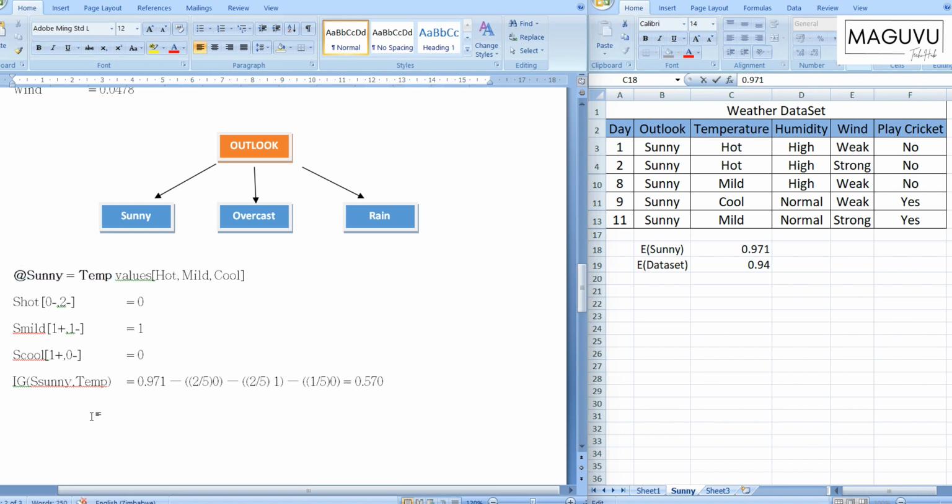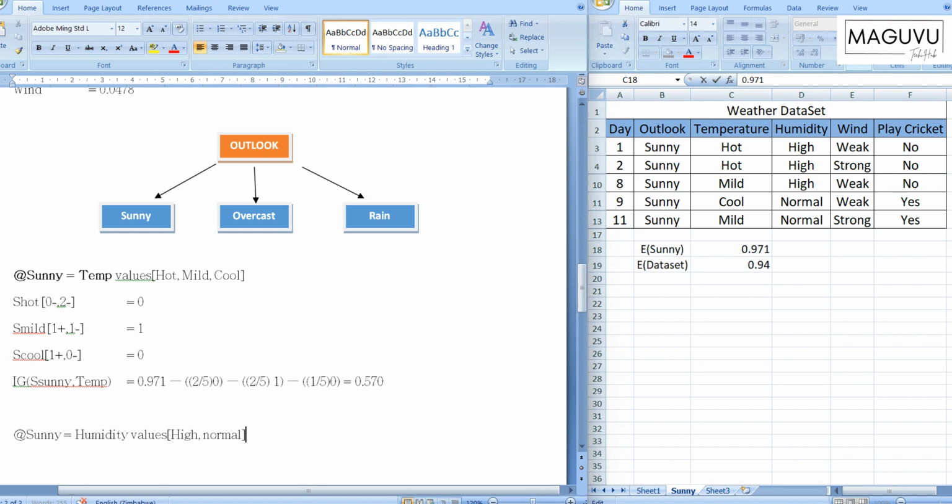We then have to do the same while it's at sun, and calculate the remaining features, which are wind and humidity. So let's go ahead and do that calculation at sun, and we are considering humidity, and we are looking at the values of humidity, which are high and normal.